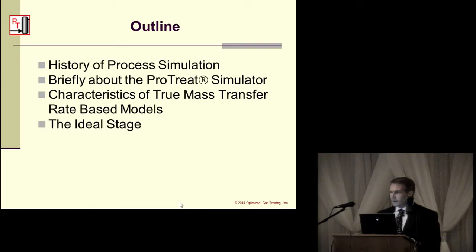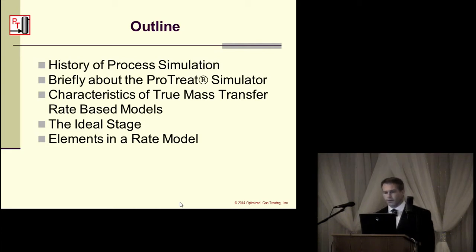We'll go back and revisit the ideal stage and talk about some of the key elements that go into a mass transfer rate model. What really distinguishes a rate model from an ideal stage model. I've got a short video clip we'll show and a case study to kind of drive some points home.